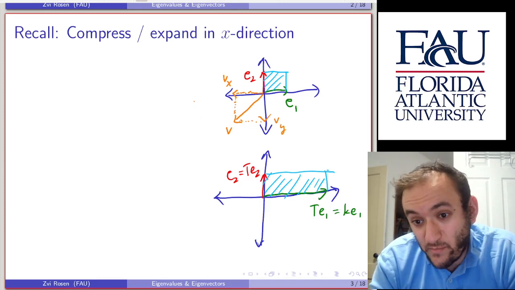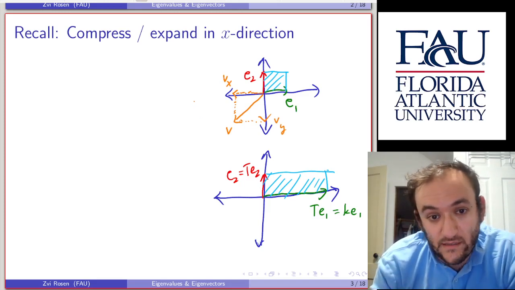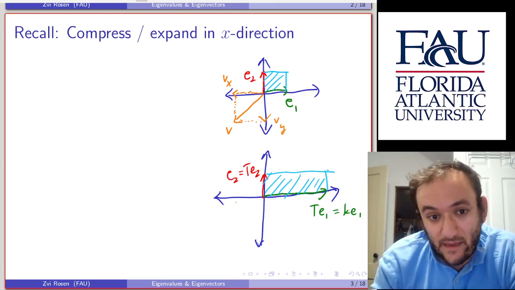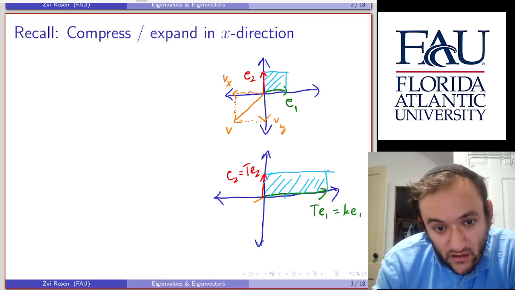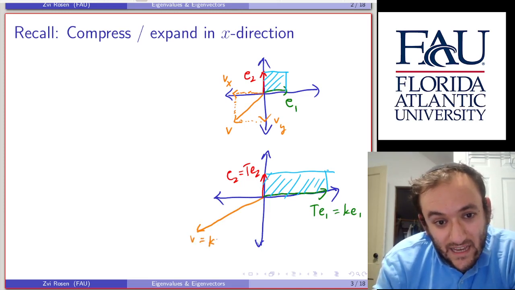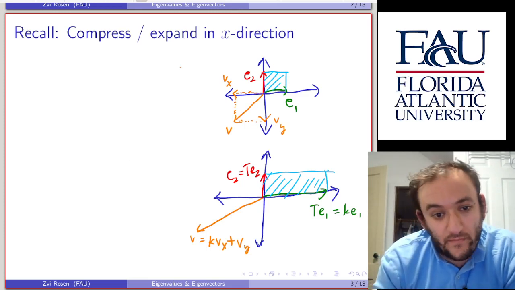Now, the vx part, you scale just like e1, because it's a multiple of the e1 vector. On the other hand, vy stays the same. So what happens over here would be, T of v equals k times vx plus 1 times vy. Okay?